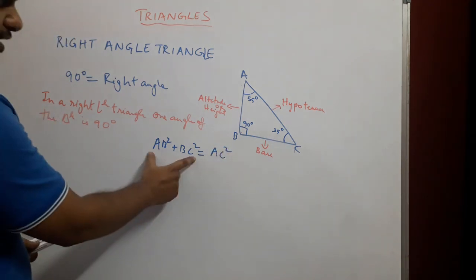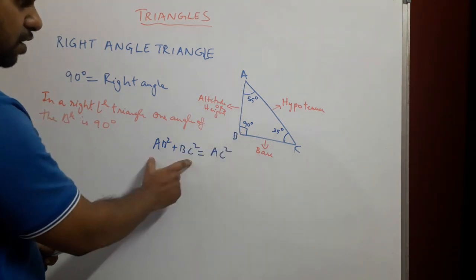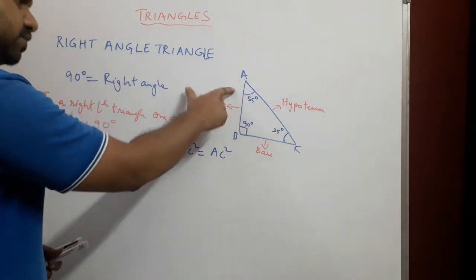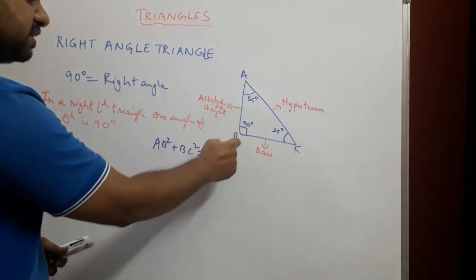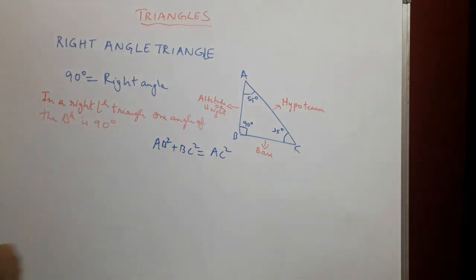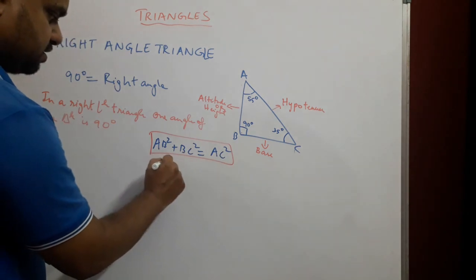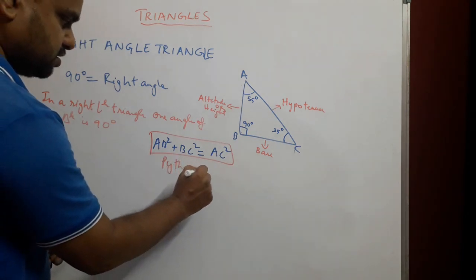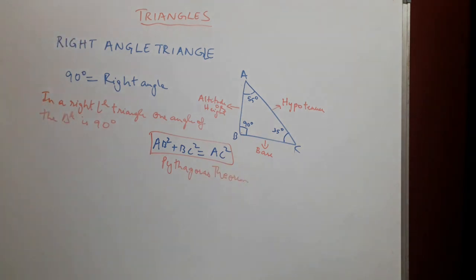These are the two sides which are adjacent to the right angle. It's not just the sum of these two adjacent sides, but the sum of their squares that is equal to the square of the third side, which is always the hypotenuse. So this is what we call the Pythagoras theorem. Extremely important when it comes to your class 9. We have a number of applications in different chapters in class 10.